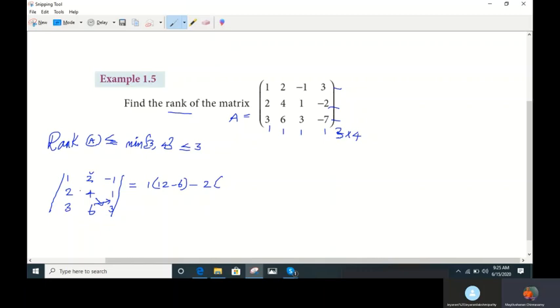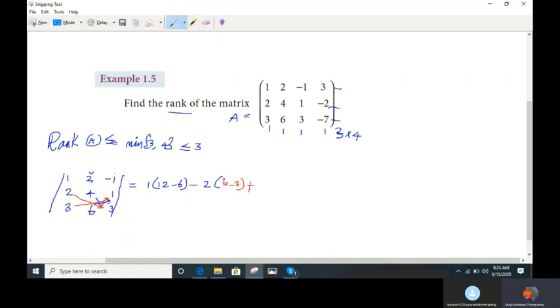First row and second column left, balance 2, 1, 3, 3. Cross multiply: 2 3s are 6, 1 3s are 3. So it is 6 minus 3.